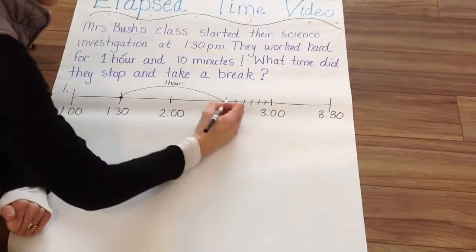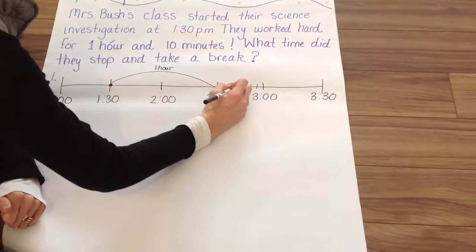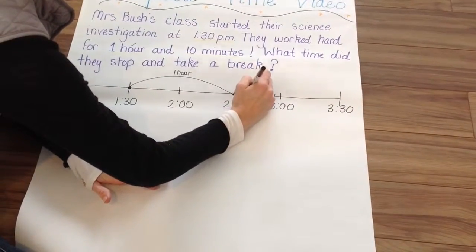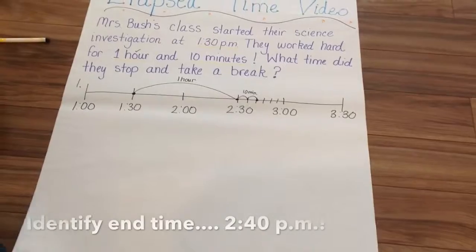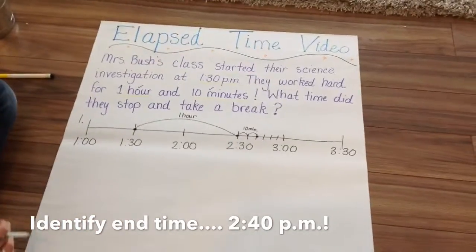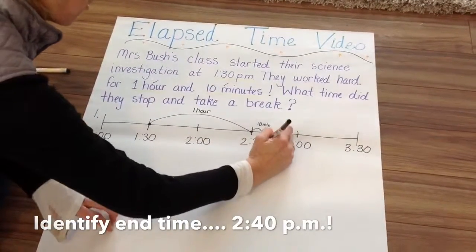So for our 10-minute jump, we'll go 5, 10. And now I'm going to label this our 10 minutes. Now that we have completed our elapsed time, let's check to see what our end time is. 2:30, 2:35, 2:40.